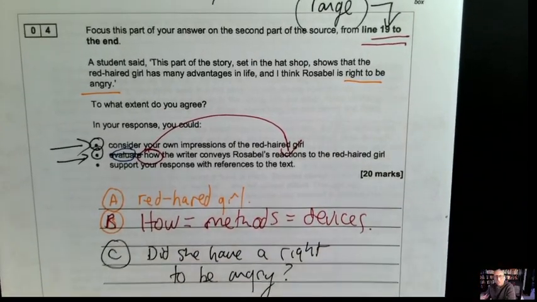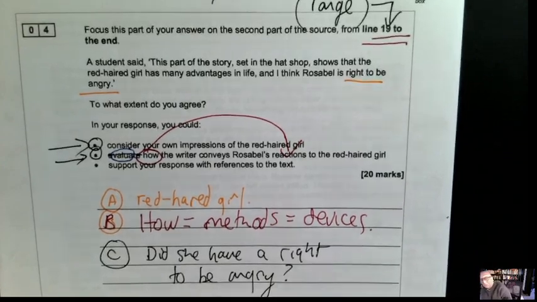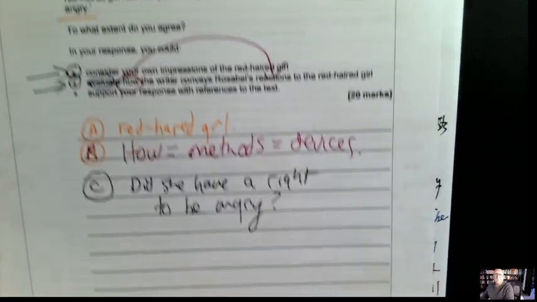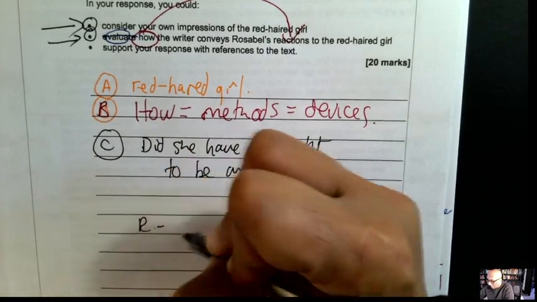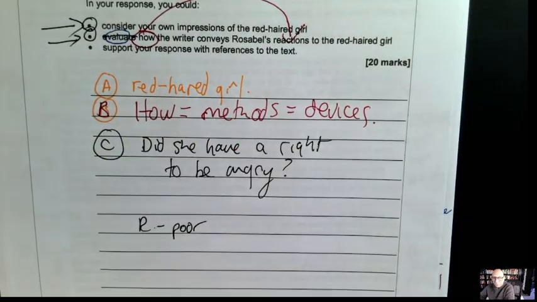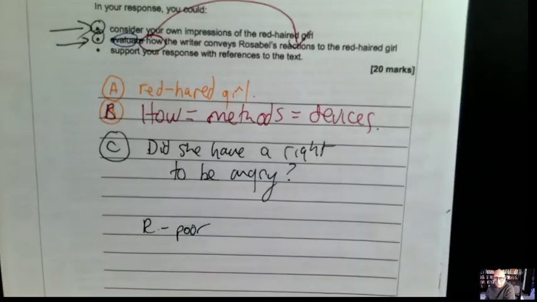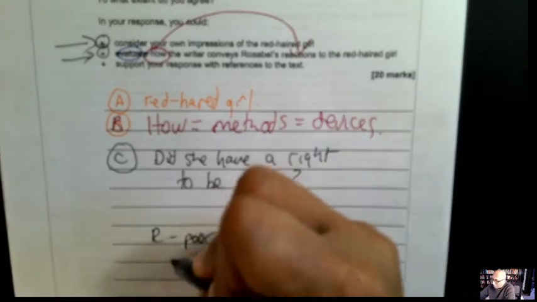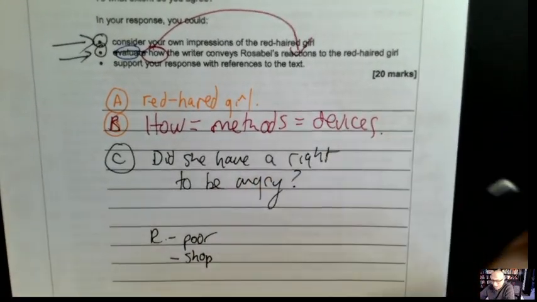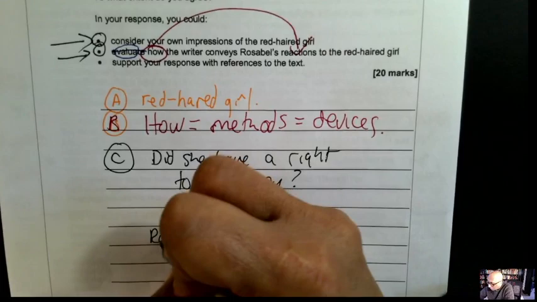Now, you've read the source. I'll just remind you, Rosabel is quite poor. She has to choose, for example, flowers instead of food. She works in a shop. She can't afford the things. That's Rosabel.